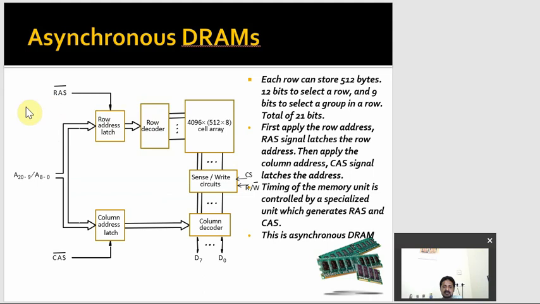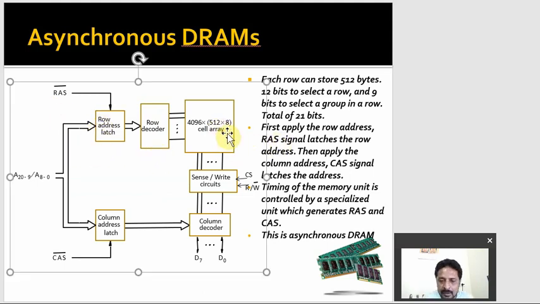Here see asynchronous DRAM. How have they been taken? Here they have taken an array of 512 into 8. That means 512 bytes. Each row consists of 512 bytes and each byte means 8 bits. So 512 into 8 means a 4096 cell array. Here two signals are taken, the row address signal and the column address signal.